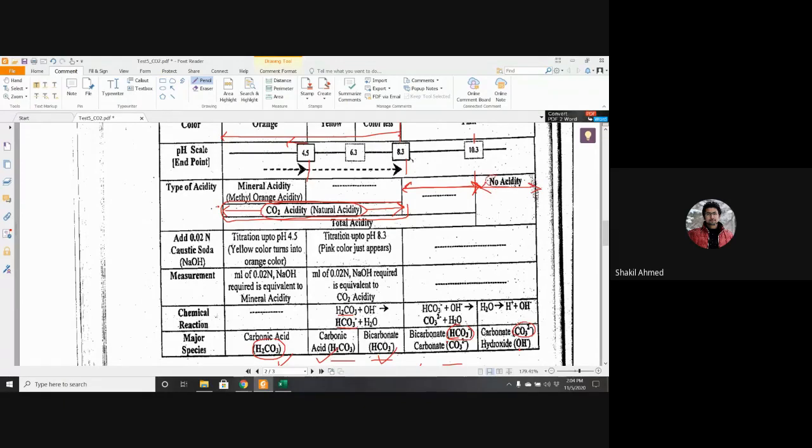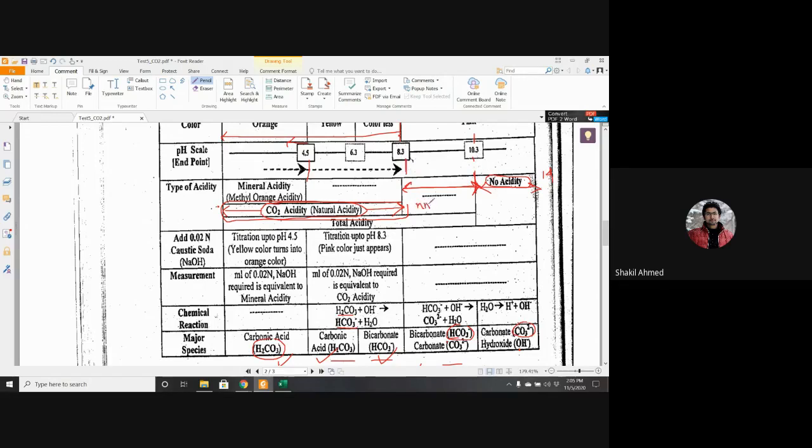Beyond 10.3, there is no acidity. So starting from 14 to 10.3, no acidity. From 10.3 to 8.3, that is non-carbon dioxide acidity.